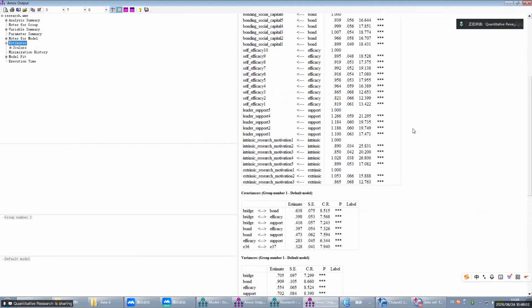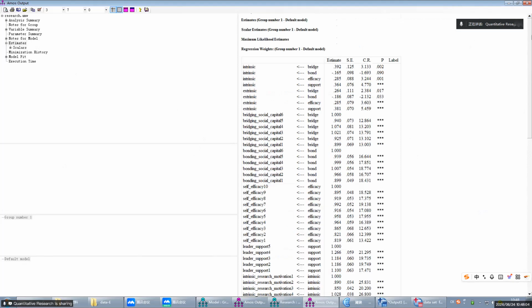This is the result. This is the hypothesis, the findings about the hypothesis. Can you tell me which of them are significant predictors? Which are predictors of intrinsic and extrinsic motivation?